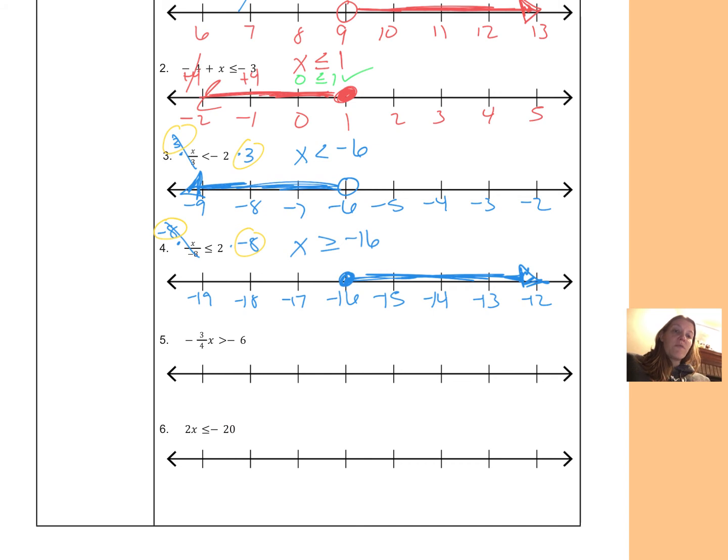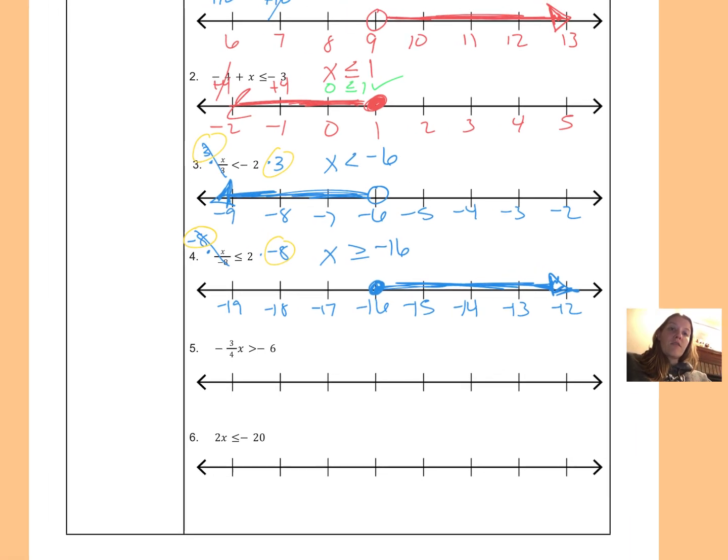Number 5, we've got a fraction. So it may be worth it to make some notes off to the side here that we're dividing fractions. That is when we did a keep, change, flip.